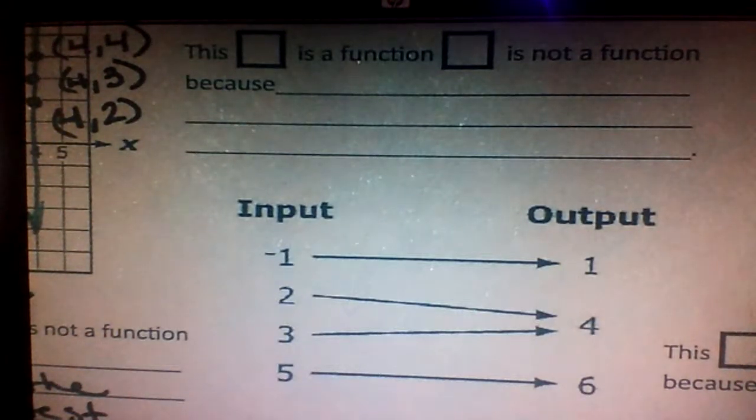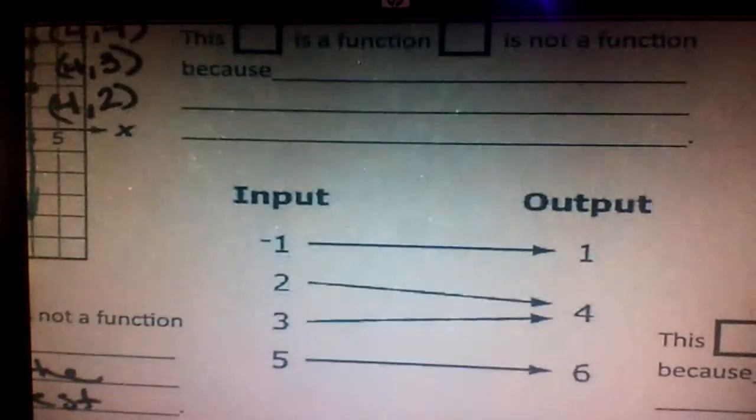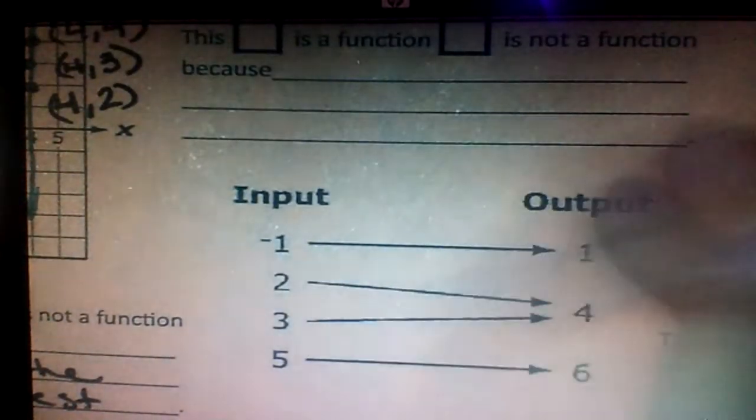The y can be associated with as many x's as it wants. So your x value cannot cheat, but your y value can. If you write this out, you can write this out as points. So this point here is -1, 1.